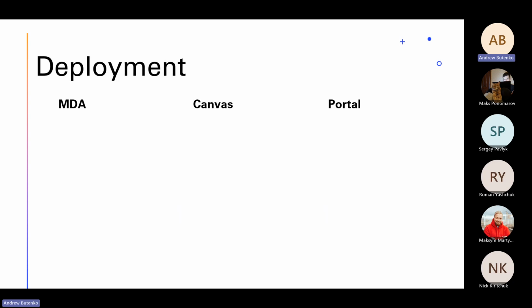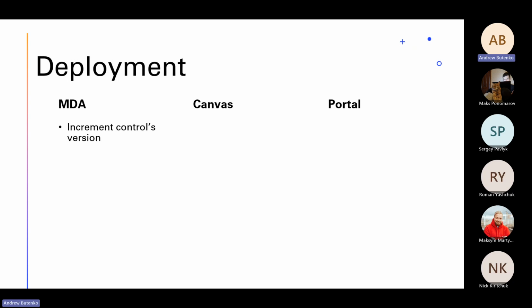Okay, the very first and the easiest one, model-driven app. If you want to update the control and apply a change that you developed, first thing first, you have to increment the control's version.